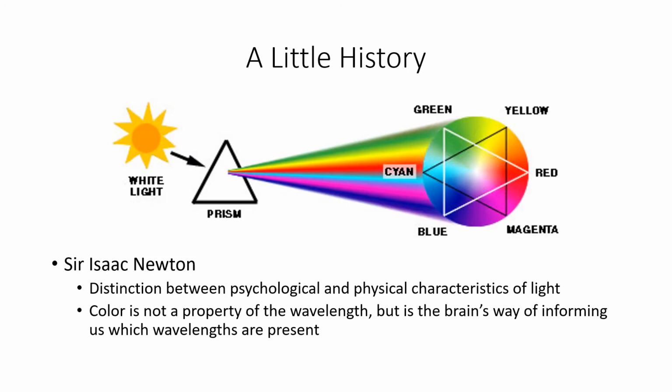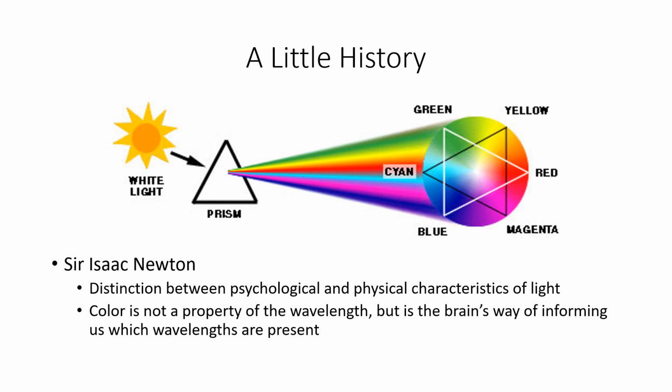I'm going to do a little history here of how we know that white light is made up of the spectral colors, those various wavelengths that give us the perception of different colors. This was originally discovered and discussed by Sir Isaac Newton in about 1704.